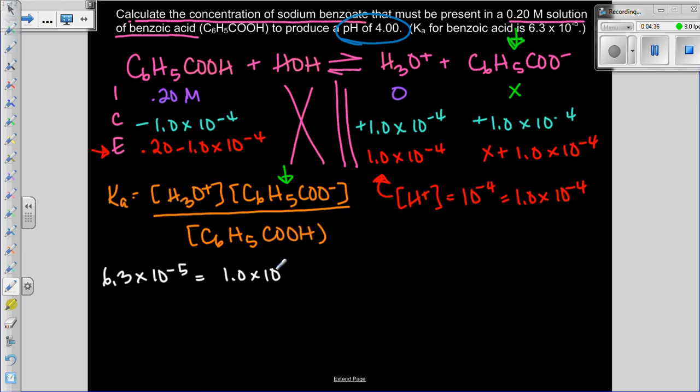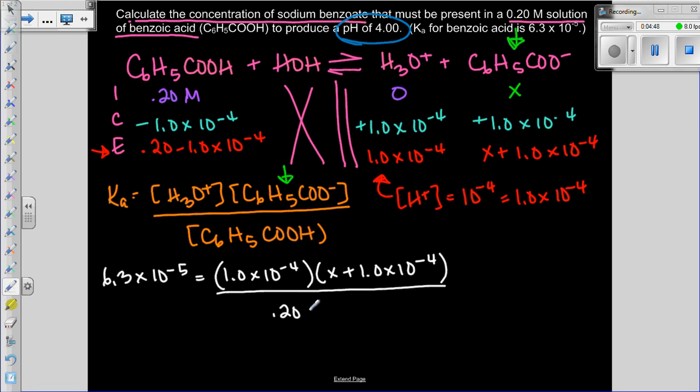So I will have 1 times 10 to the negative fourth for hydronium, X plus 1 times 10 to the negative fourth for benzoate, and then I'll have 0.2 minus 1 times 10 to the negative fourth for benzoic acid.